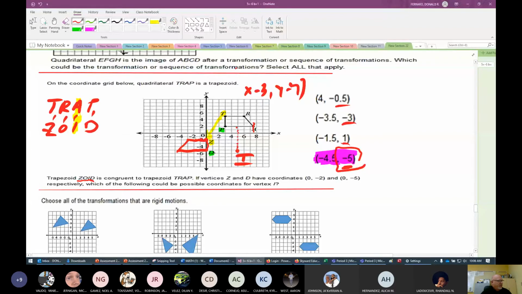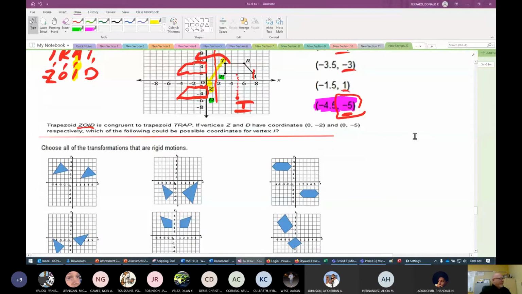So we would have reflected over to here and then a translation down. 1, 2, 3, and this goes out 4.5. So we would have reflected across 1.5. Boom. And then down. So the answer there is -4.5, -5.